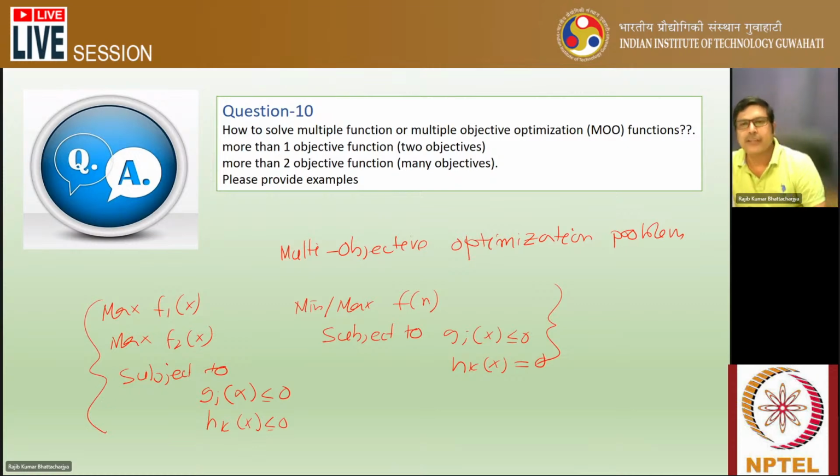I have not discussed this yet, but I will discuss it next week: what a multi-objective optimization problem is, and how you can solve it using classical methods as well as genetic algorithm. As of now I have not discussed this problem, so you will have this topic next week.